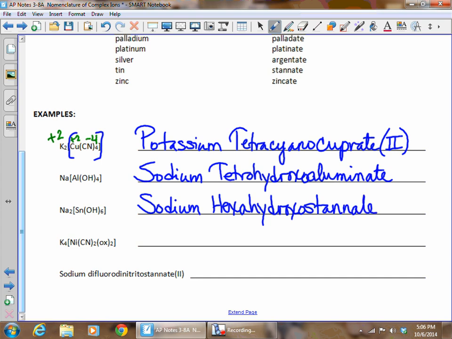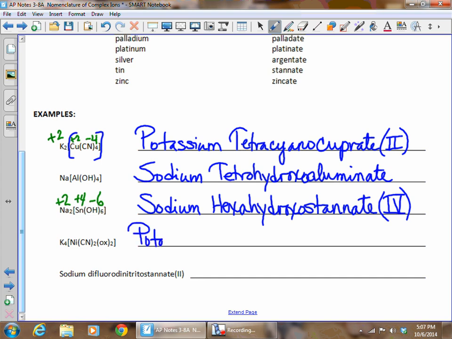And now we need a Roman numeral, so let's see what we come up with. Stan the plumber, it's either going to be a 2 or a 4. If each of the sodiums is a +1, that's a +2. If each of the hydroxides is a -1, that's a -6. Looks like this particular tin ion is the +4. So IV for the Roman numeral.